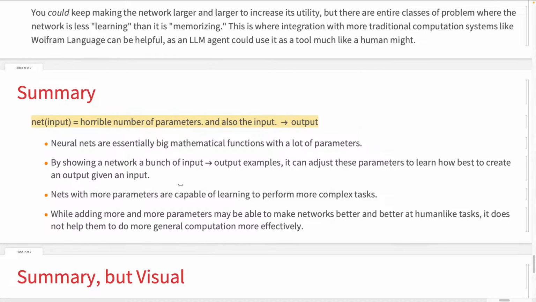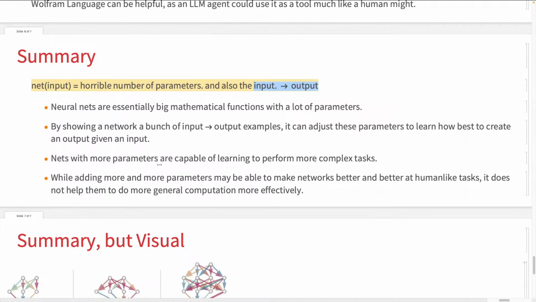And the way you teach a network how to take an input and some parameters and get an output is that you show it a bunch of input and output examples, and it will continuously adjust the parameters in order to best recreate the input-output pairs that you feed it. It does that by gradient descent.